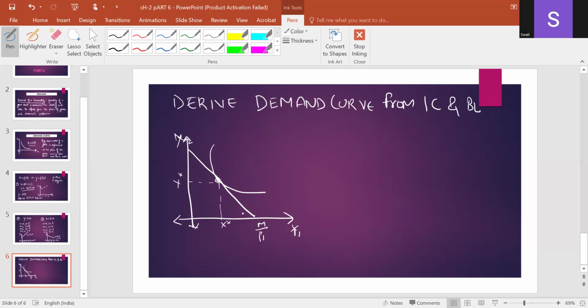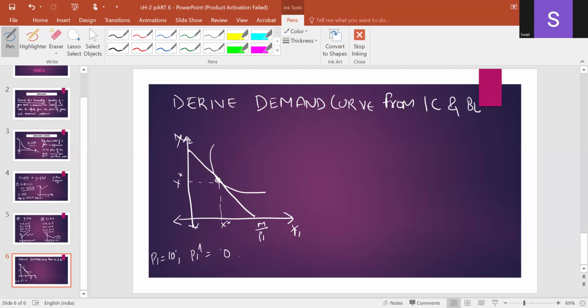Now we are changing the price of only one good. Let's say earlier P1 was 10, now P1 dash is 20. So the price of good one has increased.